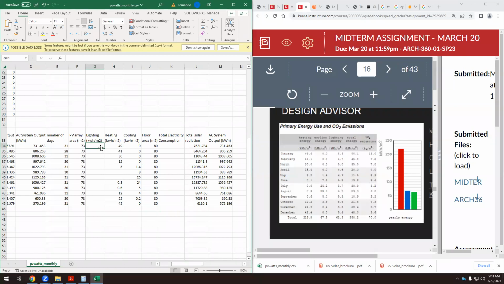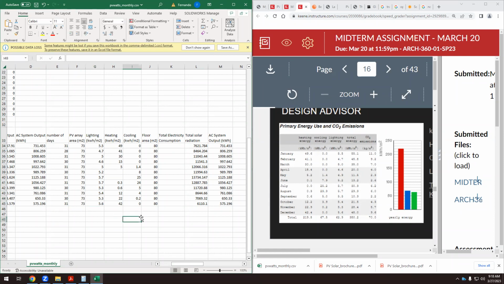Okay, so in lighting, we have 5.5, 4.7, 5, 4.6, 5, 5.2, 5.7, 5.7, 5.3, 5.4, 5.3, and 5.6.